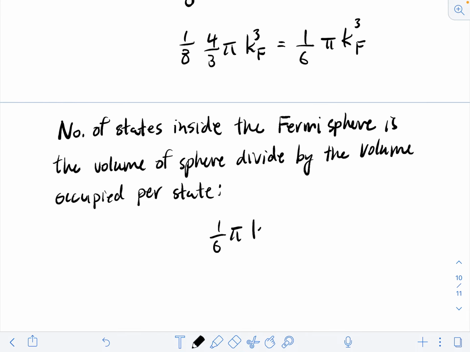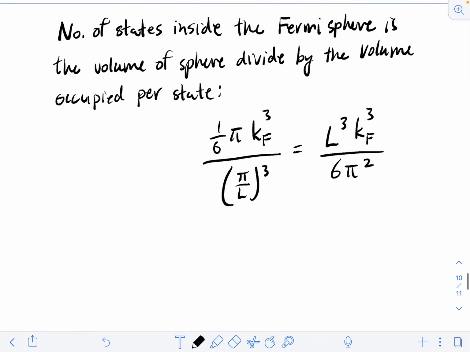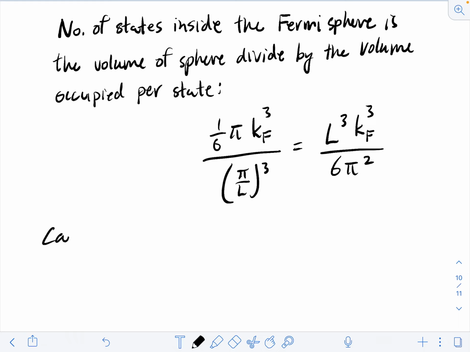The total volume is 1/6 pi kf cubed, and the volume per state is pi over L cubed. And so that ends up being L cubed kf cubed, and then we have 1/6 pi squared, because we cancel one factor of pi. So that's the number of states inside our Fermi sphere.